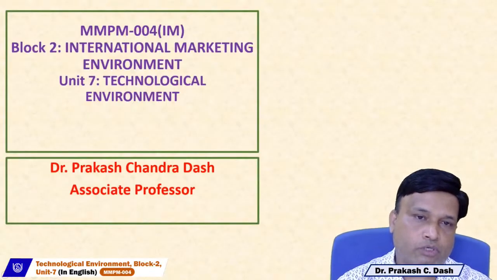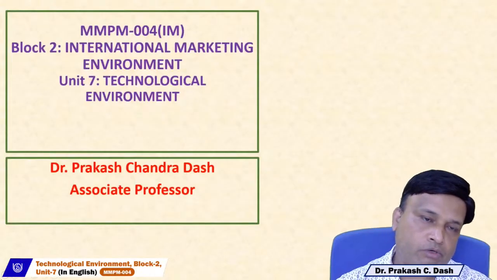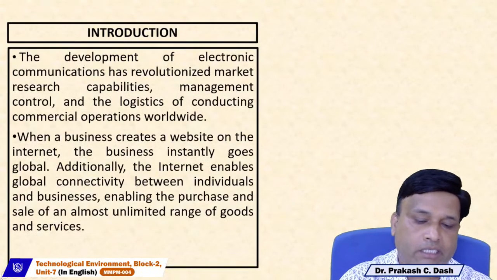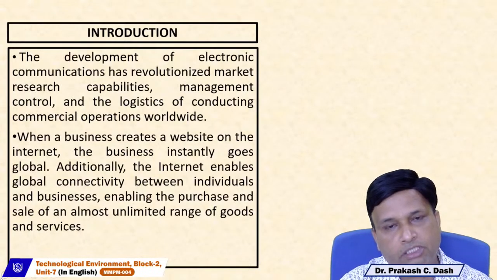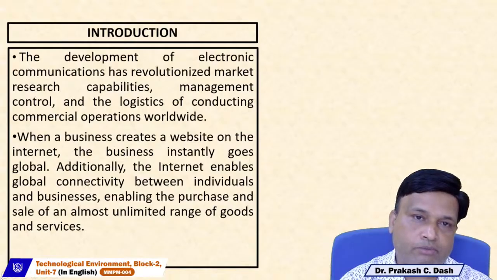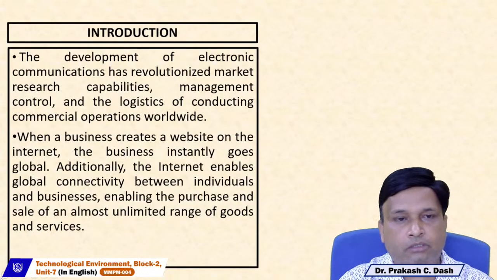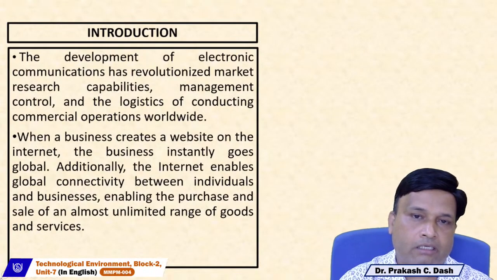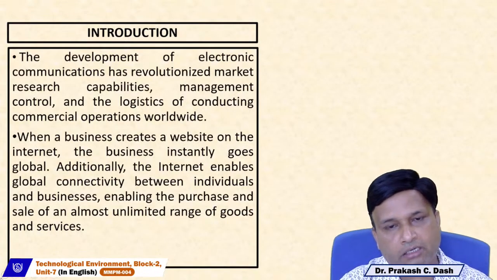And last, we talk about the technological environment. One thing I would like to say here is that technology is one of the things which is changing very fast and becoming cheap day by day. Even the bottom of the pyramid is able to access the technology, and companies also want to reach that bottom of the pyramid through this technology.